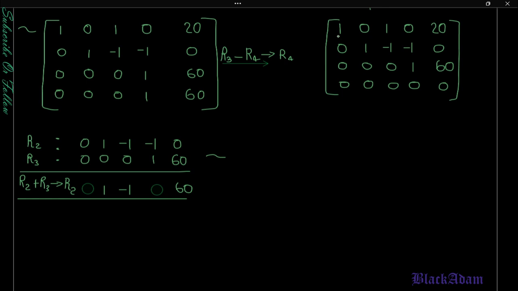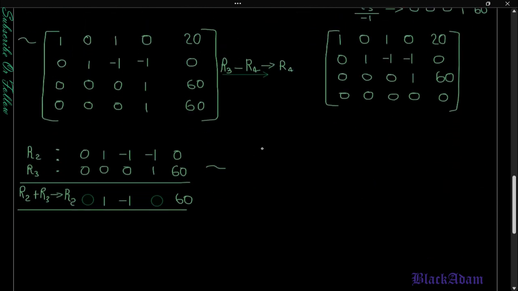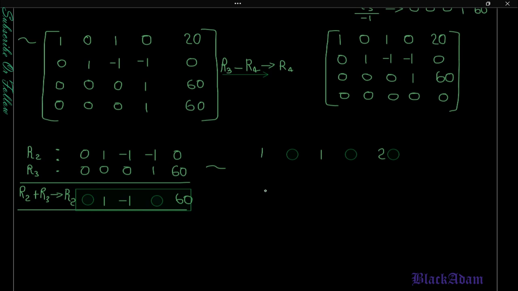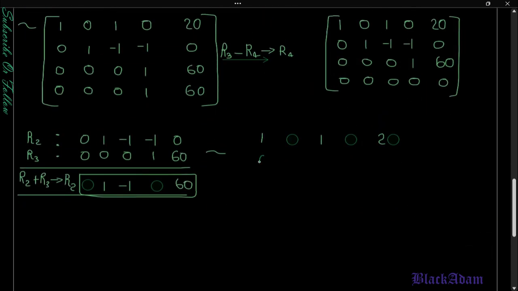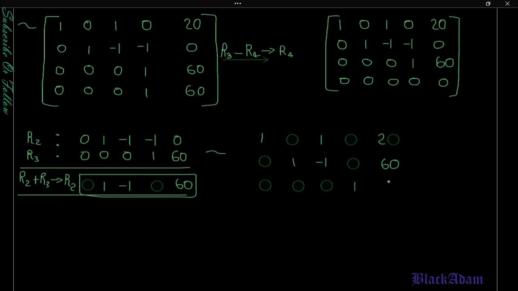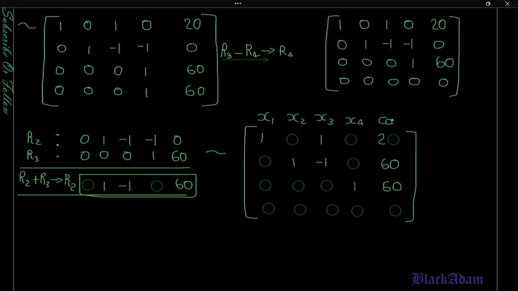So we have 1 0 1 0 20, and then we have 0 1 -1 0 60, and then row 3 we have 0 0 0 1 60, and then row 4 0 0 0 0. So we're going to find x1, x2, x3, x4 and the constant.